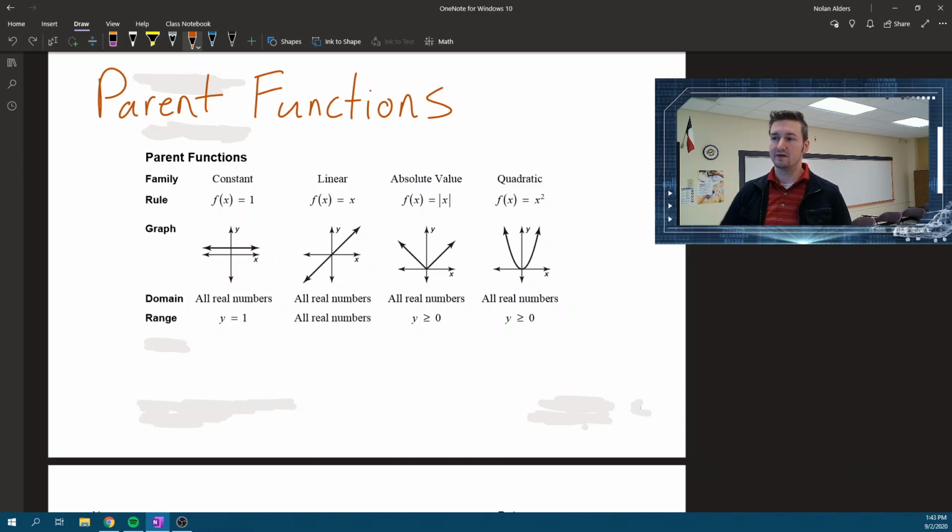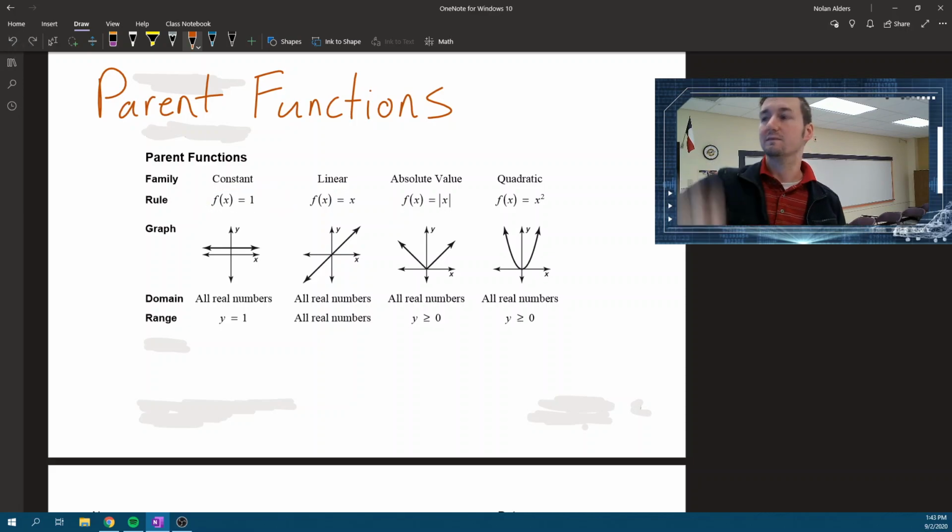In fact, if you look at the equation up above for the constant function, notice that it's always equal to 1. It's constantly 1. So y, or f of x, will always equal 1. And we can see that in the graph. It just continues to be 1 forever. It doesn't matter how far to the left or how far to the right you go.